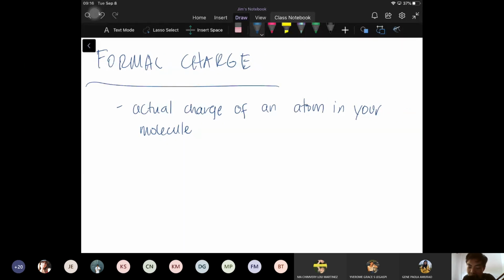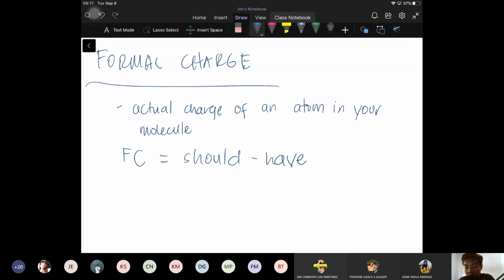So may formula na naman tayo. Should minus have para mas madali makabisado. So, in order for you to obtain the actual charge of your atom in a molecule, the formula to be used is should minus have para mabilis makabisado.